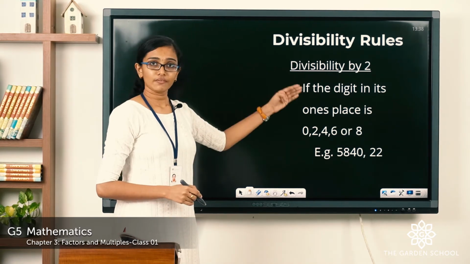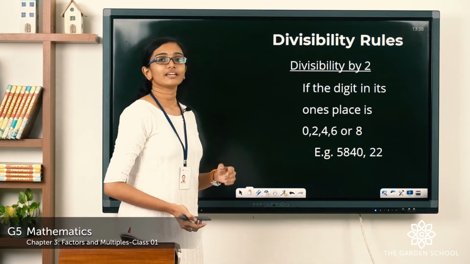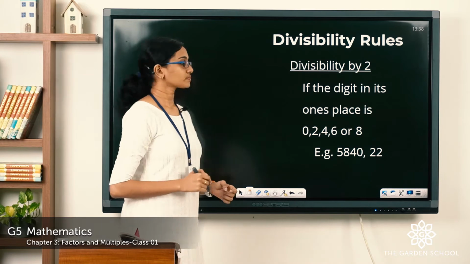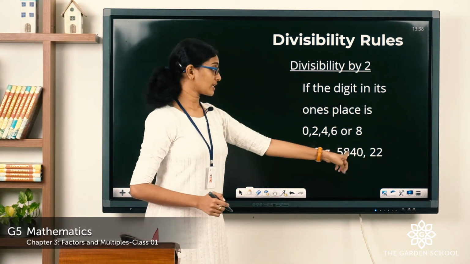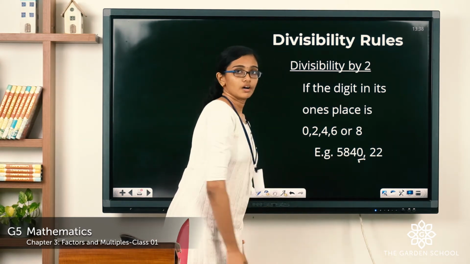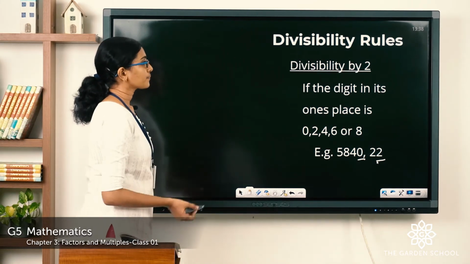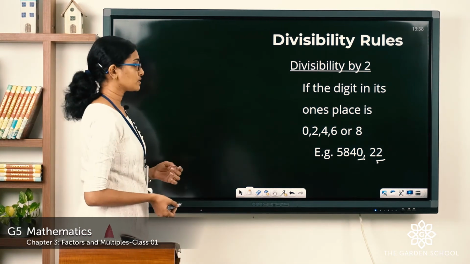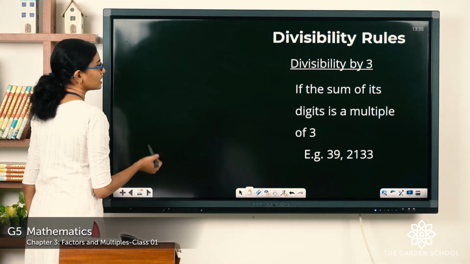Or if it's an even number, we say it will be divisible by 2. See these numbers here, 5840 and 22. This one has 0 in the ones place and this one has 2. Both these are divisible by 2 or multiples of 2. So we say these numbers are divisible by 2.